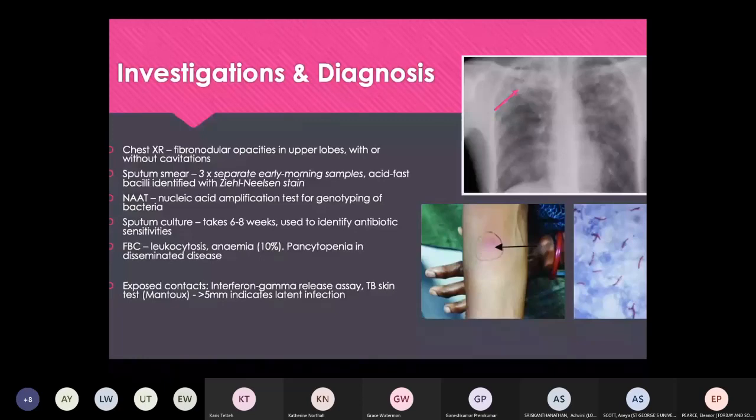COVID has been found that you have to have very little time in the vicinity of someone with COVID to catch it. For TB, they reckon it's about 15 minutes of close contact with a person to catch it. And that involves being in a closed space less than 2 meters apart. So it's not things like public transport that are a risk there, but it is things like housemates and stuff like that.